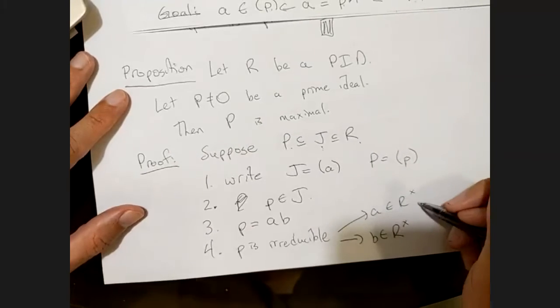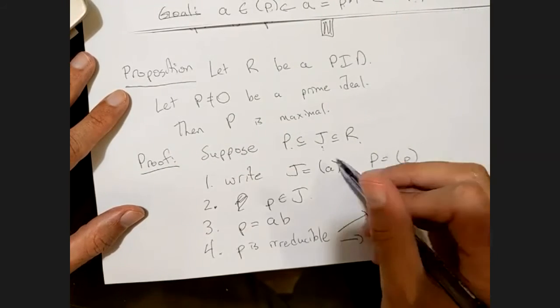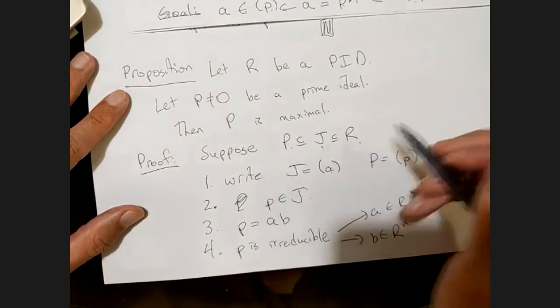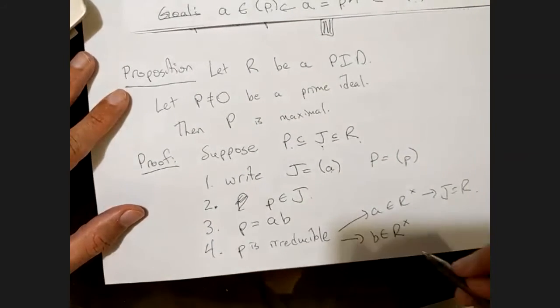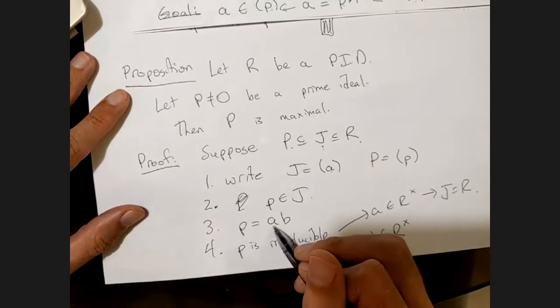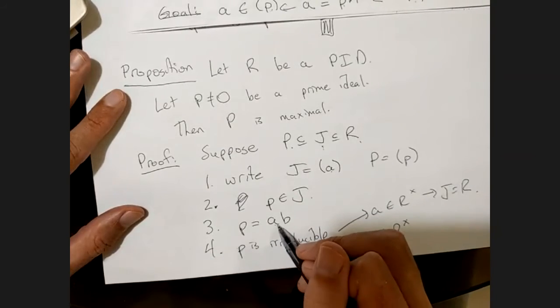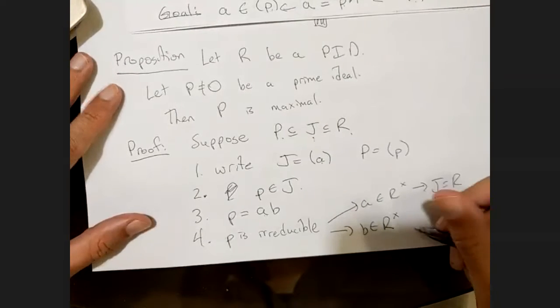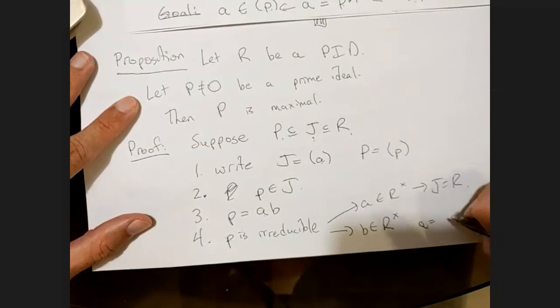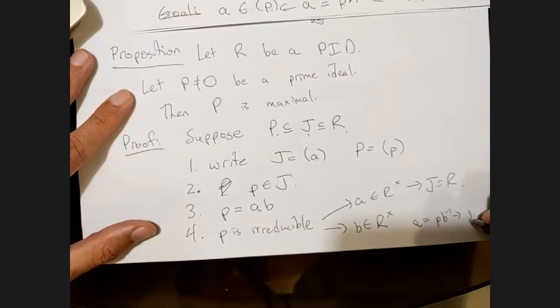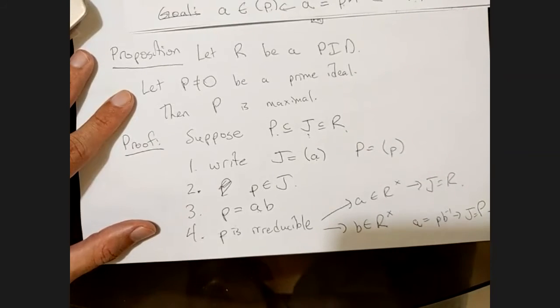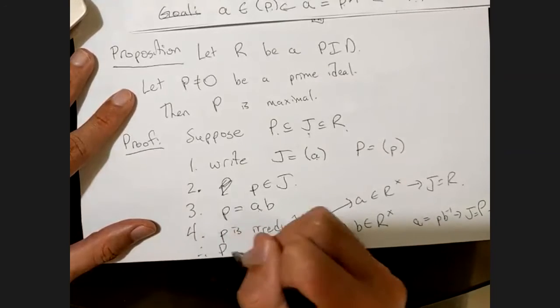If A is a unit, that means that the ideal generated by A is equal to R, so J is equal to R. If B is a unit, then P and A are multiples of each other. So A is equal to P times B inverse, which implies that J is equal to P. In any case, J equals R or P, so therefore P is maximal.